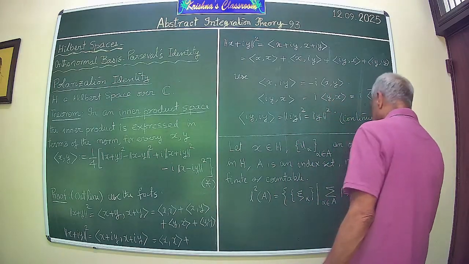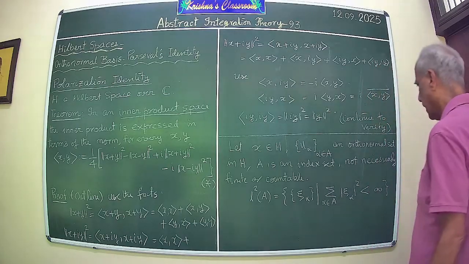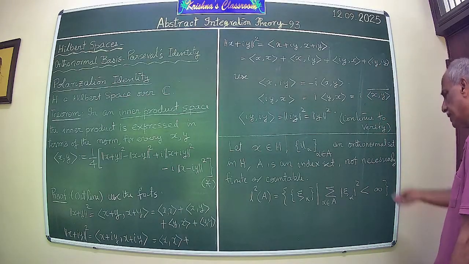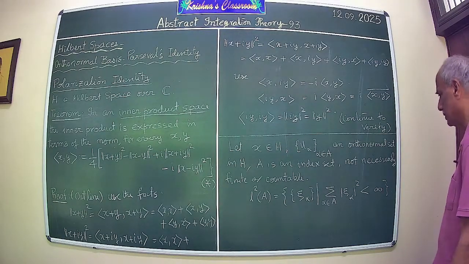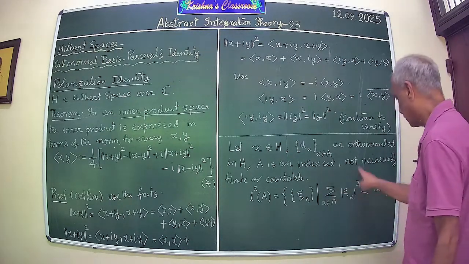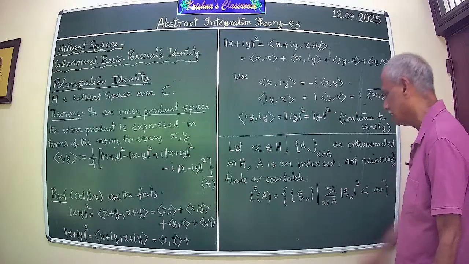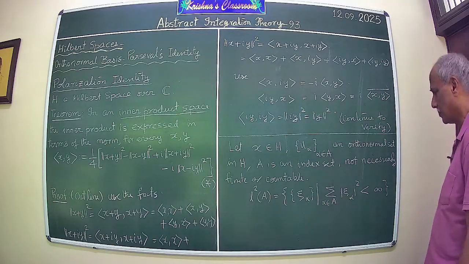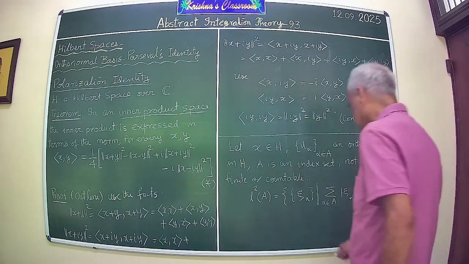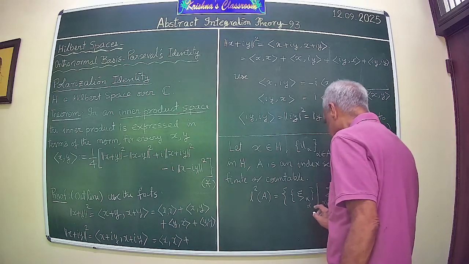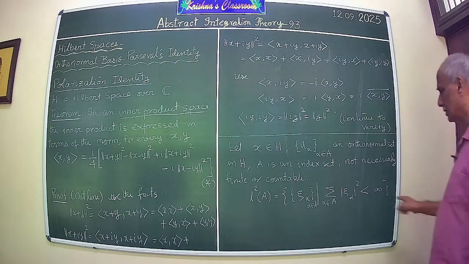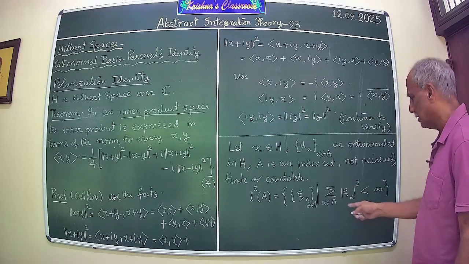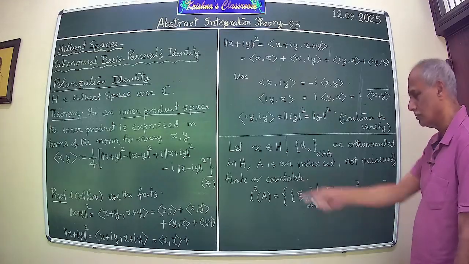You know that this is an inner product space, and it's even a Hilbert space because it is complete. You can show that it's complete, and the square root of this gives you the norm of the vector.